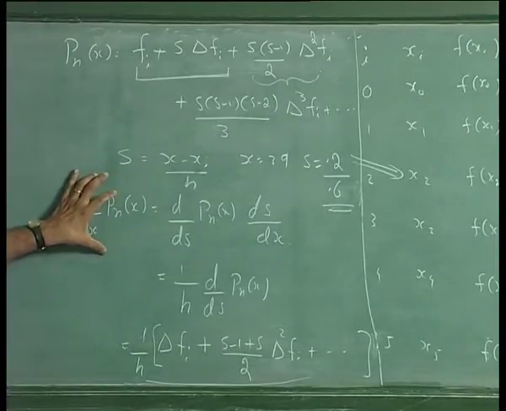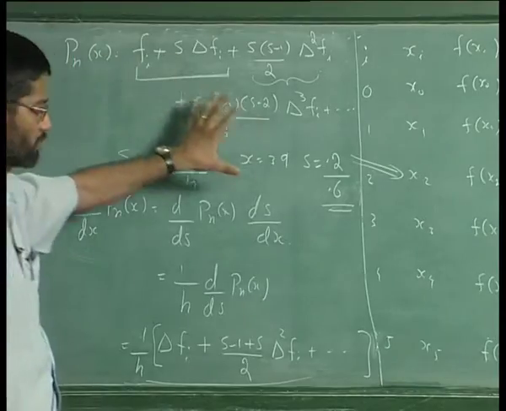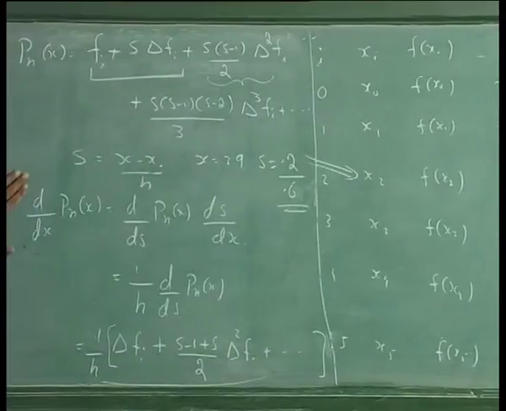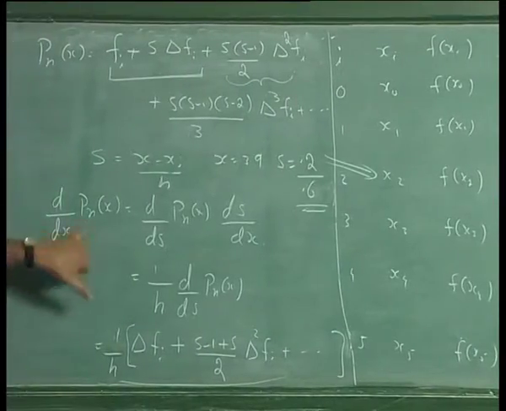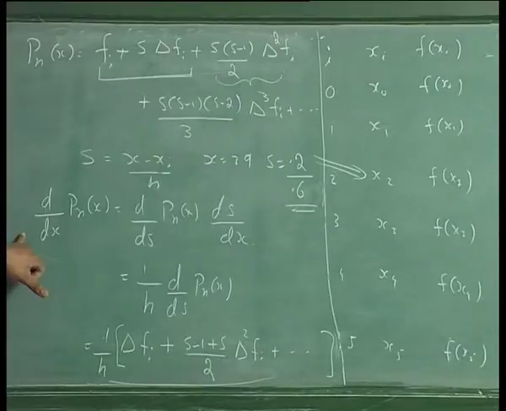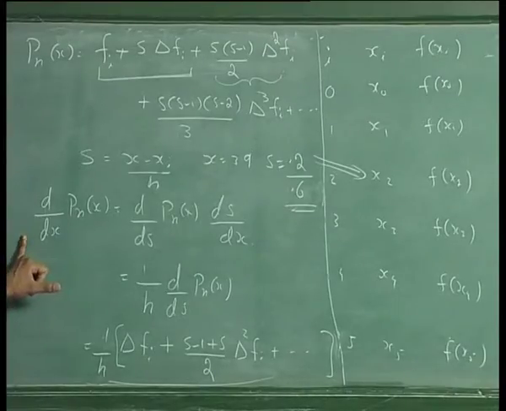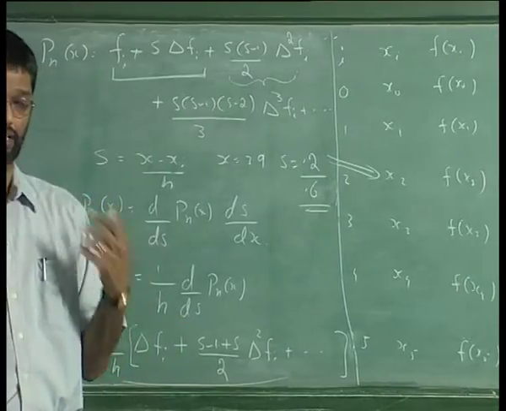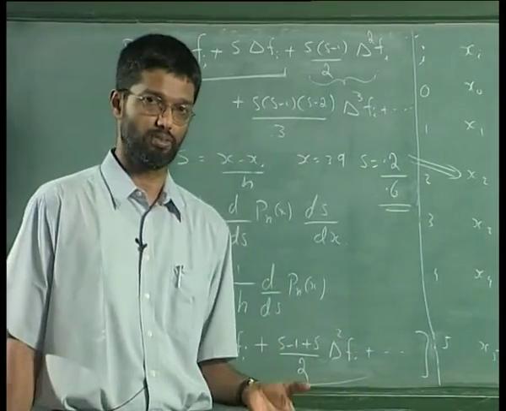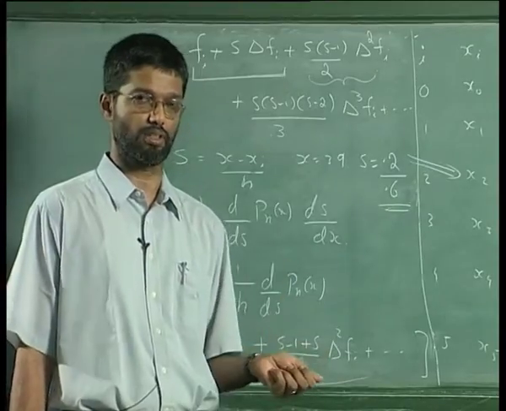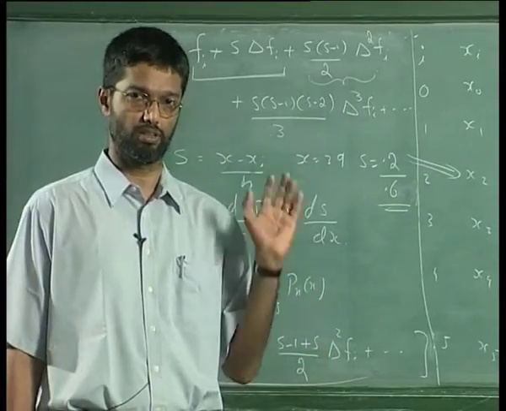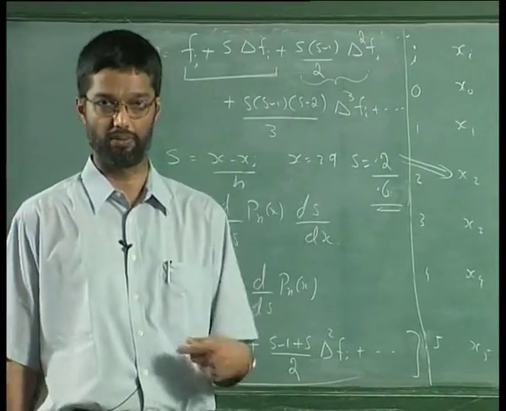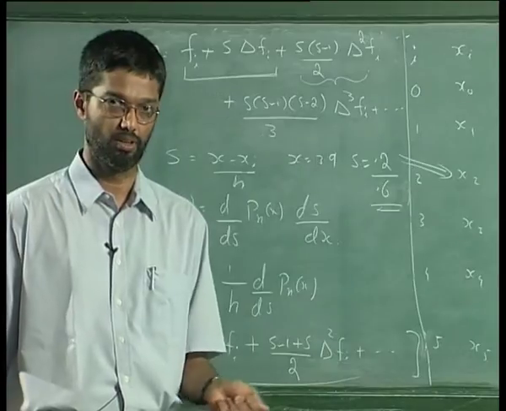Okay, one way, as we just saw, is to construct a polynomial and then take the derivative. Or another way to do that is to convert this operator d by dx itself into a difference formula. So there are two things which you can do. One is to say that I take my set of discrete data points which I have, and make that into a continuous function by getting an interpolating polynomial, and I take the derivative of that function at any point I want.